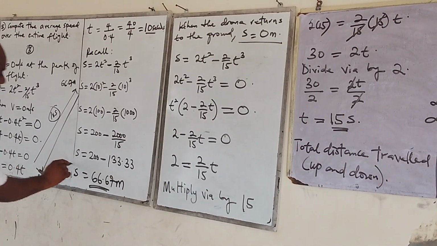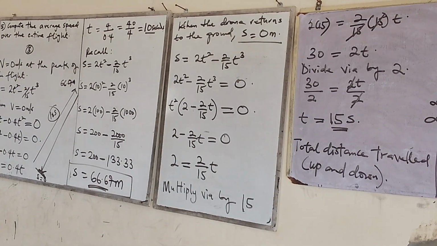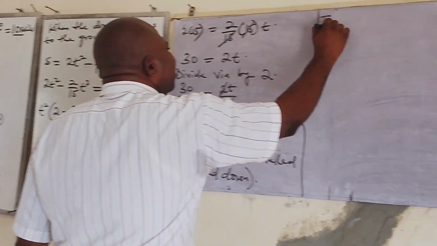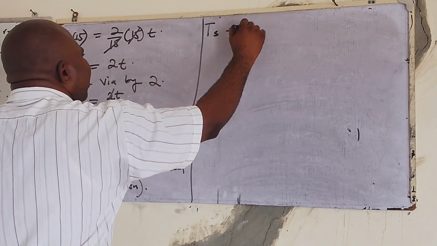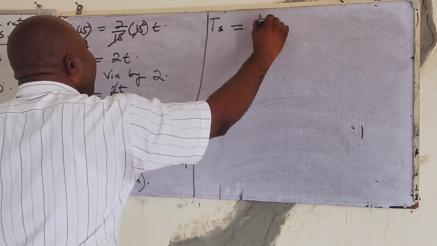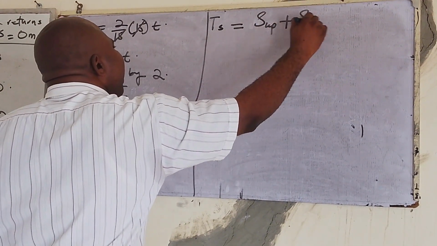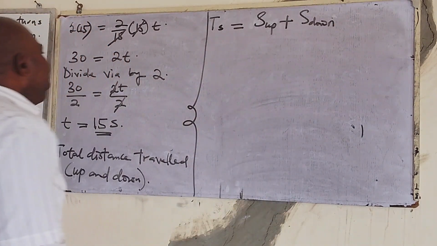So for up and down, we can just use this. Now we say total distance will be equal to the distance up, let me call it S up, plus S down.